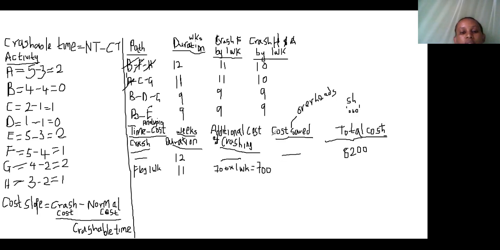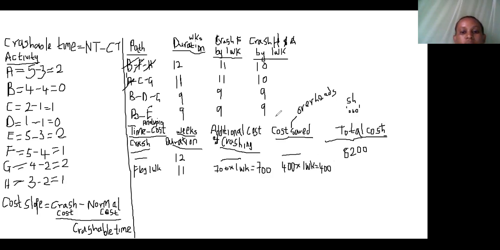Because our project's duration went down by 1 week, we are able to save the overheads incurred by the project every 1 week. We were told there were 400 administration overheads. So for that 1 week, we saved 400,000.